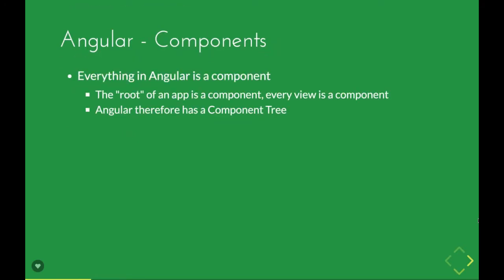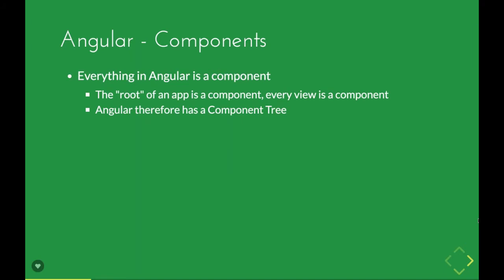So components, I can more or less confidently say that everything in Angular is a component. So even the application itself, the root of the application, is actually a component, and every view that we have, whether it's a custom element or an overall single page application with a couple different views, everything is a component and a set of components.